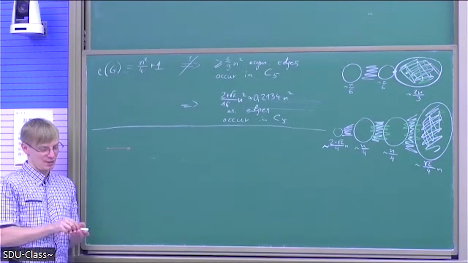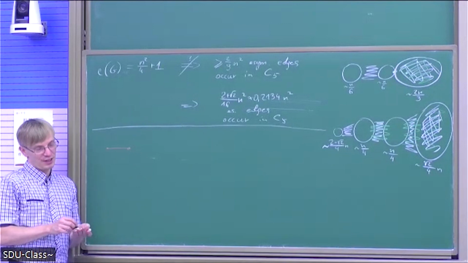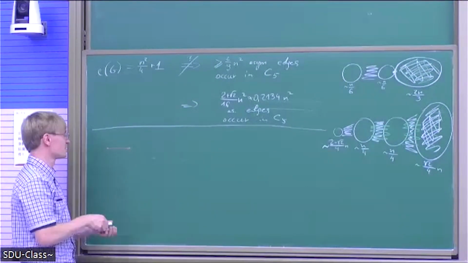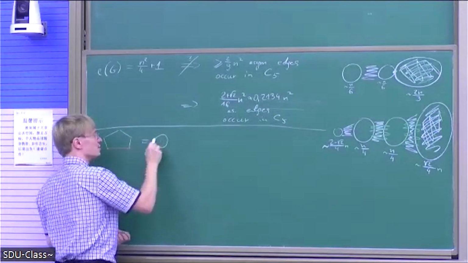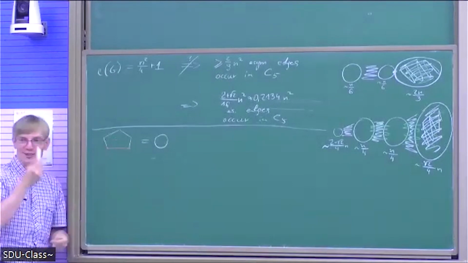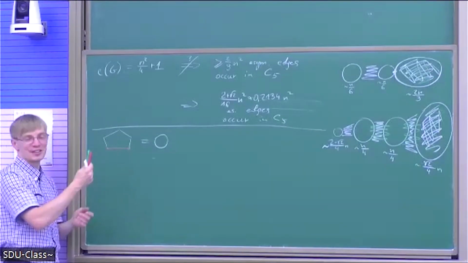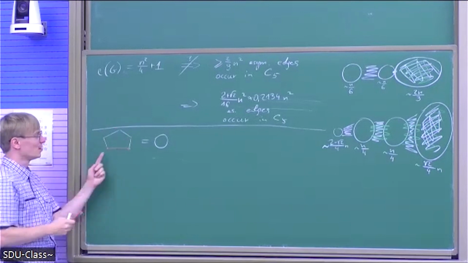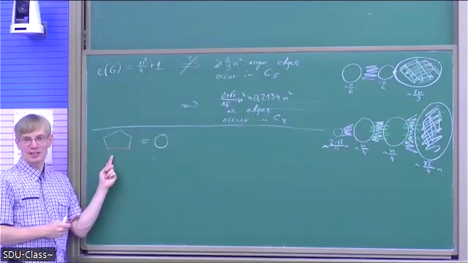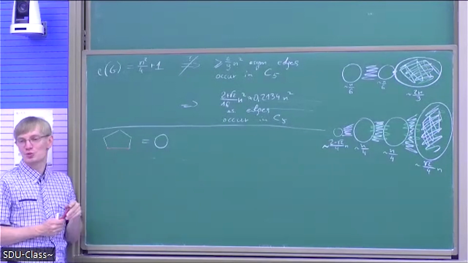So in flag algebra language, it means that if I create a 5 cycle, then this density is 0. By a white edge, I mean it can be either red or green. So whatever color I put here, with at least one red edge, its density needs to be 0.